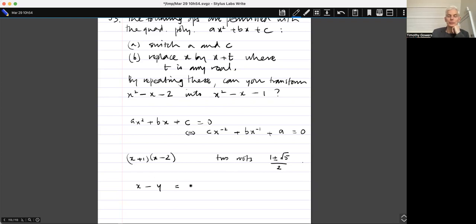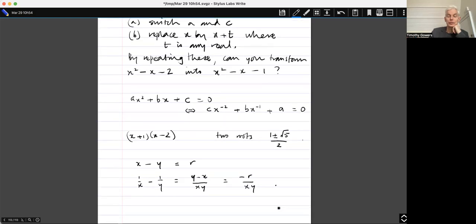So if x minus y equals r, then 1 over x minus 1 over y equals y minus x over xy equals minus r over xy, but that doesn't seem to... I could quite happily shift x and y by something and make this number extremely irrational, so I don't see a problem there after all.